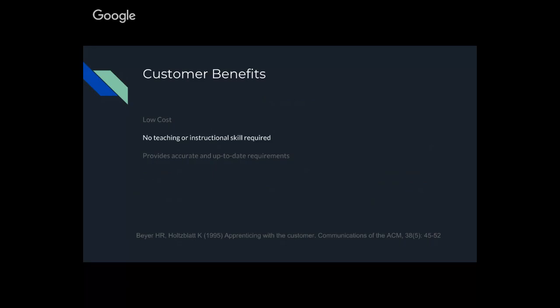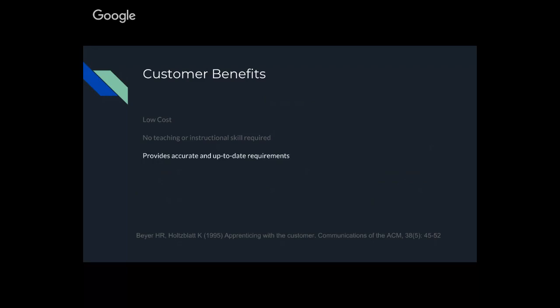Just by doing his normal everyday job, the analyst is able to find the points of the application that need to be addressed at that process, and it provides accurate and up-to-date requirements.